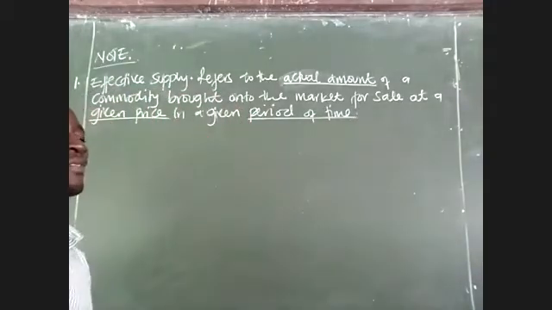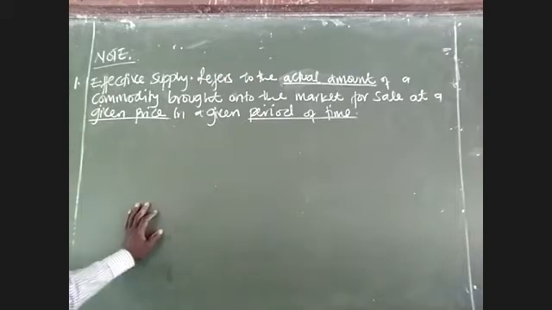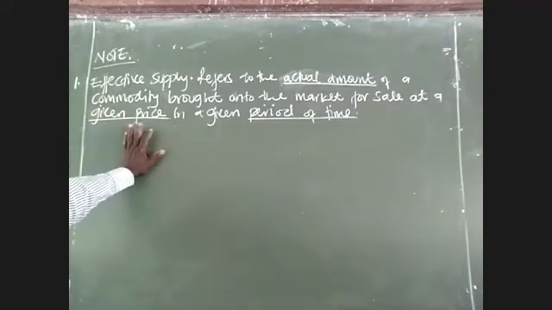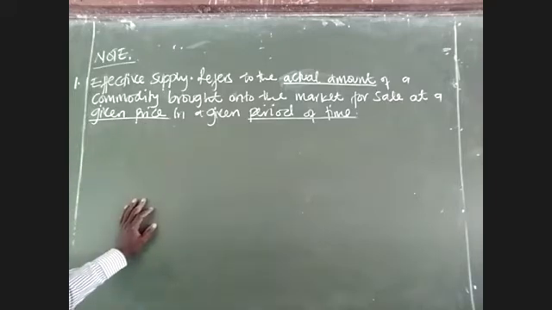Yes, just like we have effective demand, that's the actual amount bought from the market for actual buying of the commodity. Now, the effective supply, I'm talking about the actual amount of the commodity brought onto the market for sale at a given price in a given period of time.